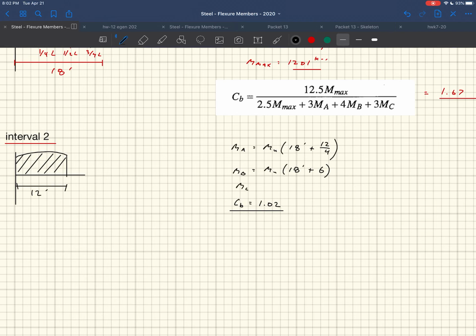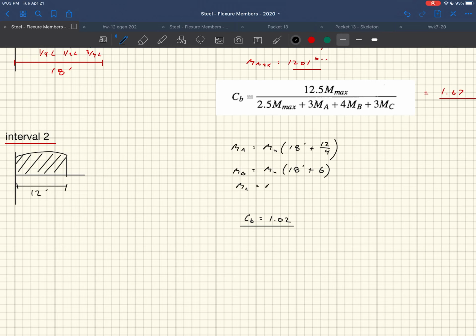And MC, same deal. You just have to make sure you have that 18 feet out front, because that equation that we developed was for starting at the far left, okay?